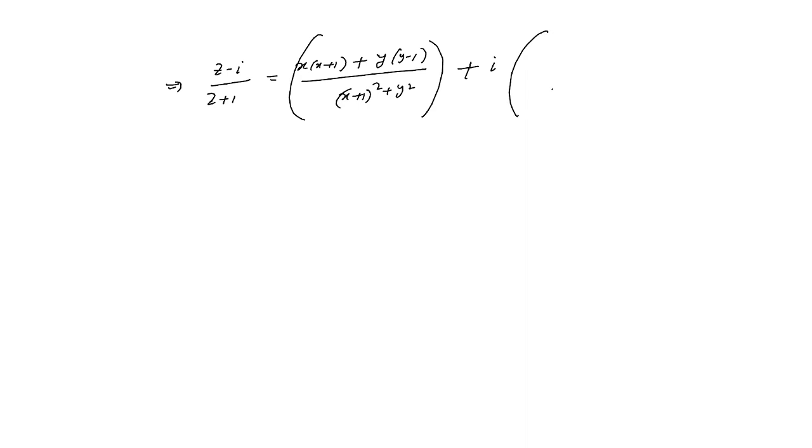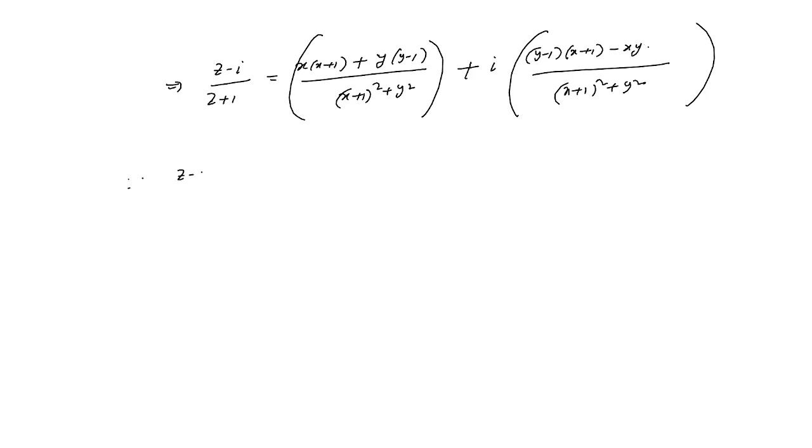We will get (Z minus i) by (Z plus 1) equal to [x(x plus 1) plus y(y minus 1)] by [(x plus 1) whole square plus y square], in the form of a plus ib, plus i times [(y minus 1)(x plus 1) minus xy] by [(x plus 1) whole square plus y square].